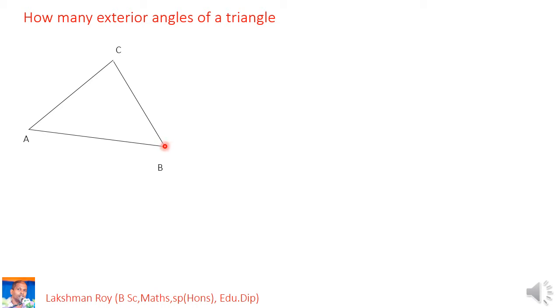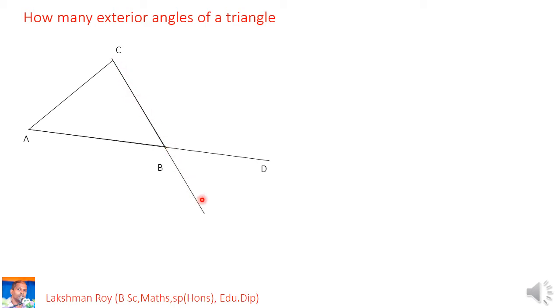Now if I consider the vertex B, I can extend, or produce, these two sides, right? So I produce AB side, according to letters, AB side extended up to D, right? Then I form an exterior angle here.